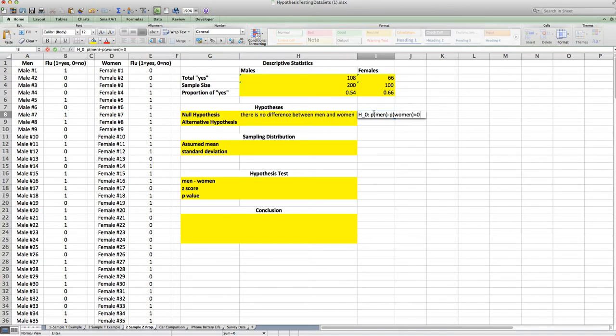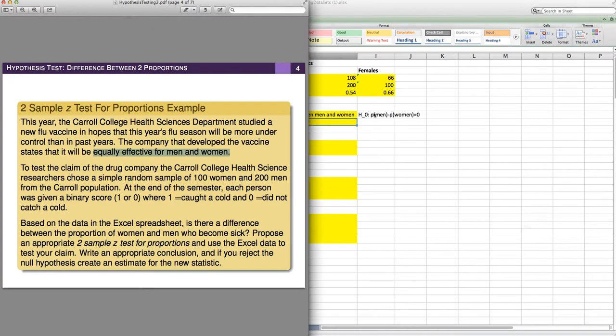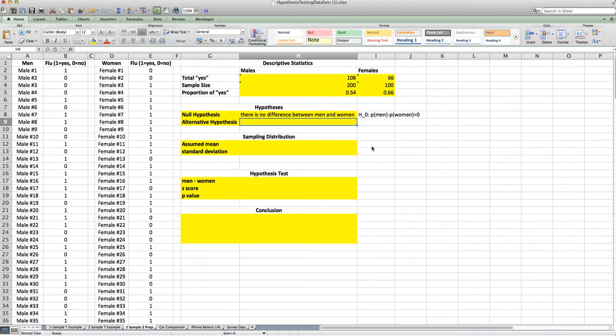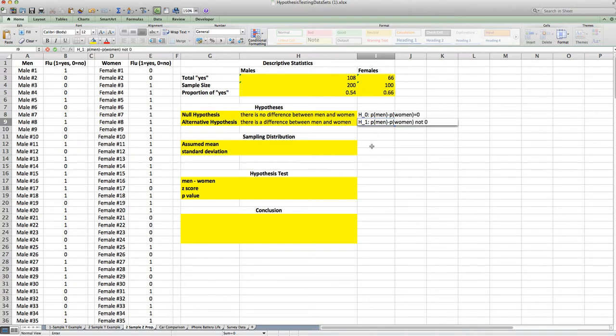The difference of the proportions is 0. Now, what we wanted to test is whether there is a difference between the two. We're not saying men is greater than women or women is greater than men. We're just saying there is a difference. So the proportion for men minus the proportion for women is not 0. This is telling us we're doing a two-tailed test.